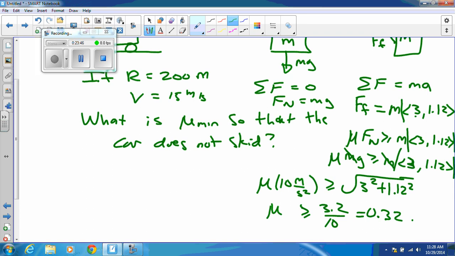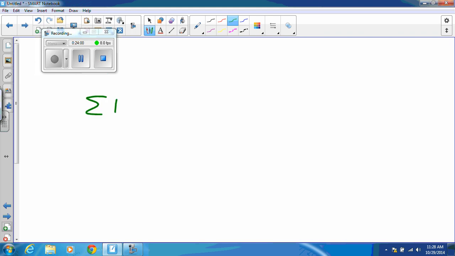Oh, so the direction of the force of friction is the same as the acceleration, like the direction. Yes, because F equals ma. Yeah, this is a really good point. This is a vector equation.